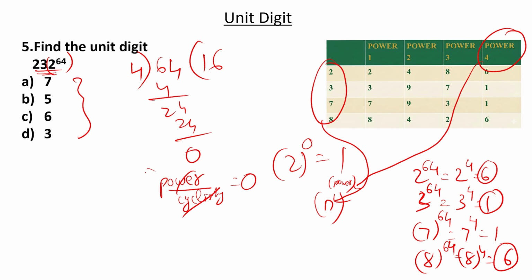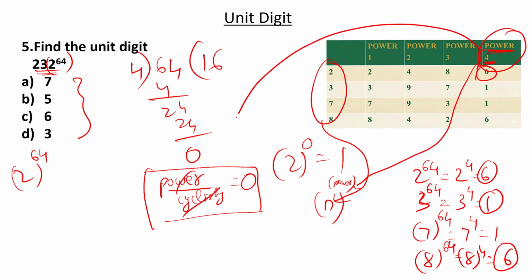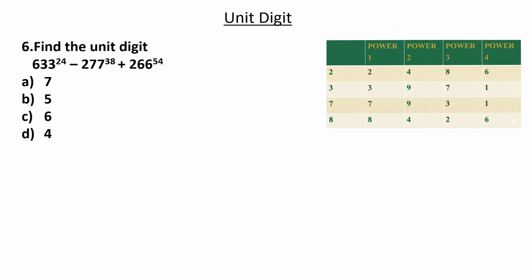If this possibility cancelled out and we got remainder as 0, in such cases only we are going to consider the power as power 4. So here 2 power 64, right? So here 2 power 4 is this value. So we get 6 as the answer. I hope you understand it. Okay, that's it. Let's move on to the next question.